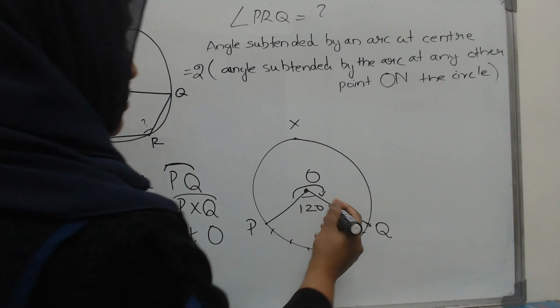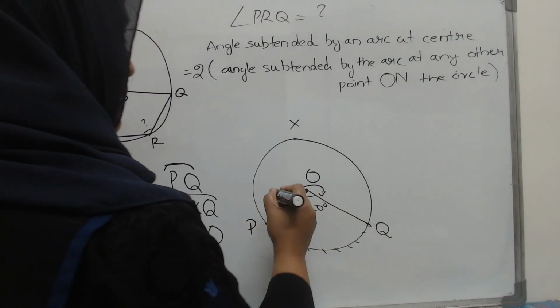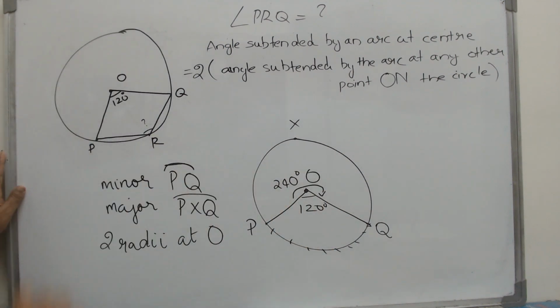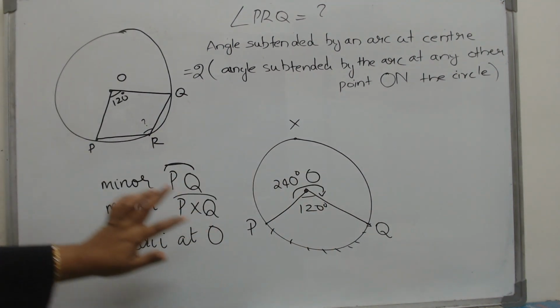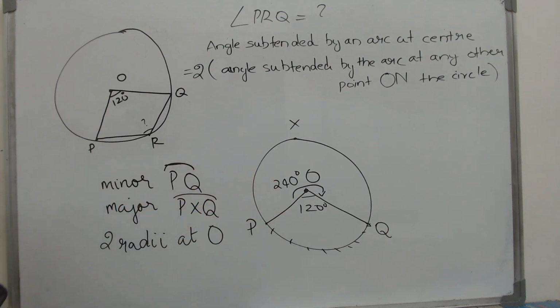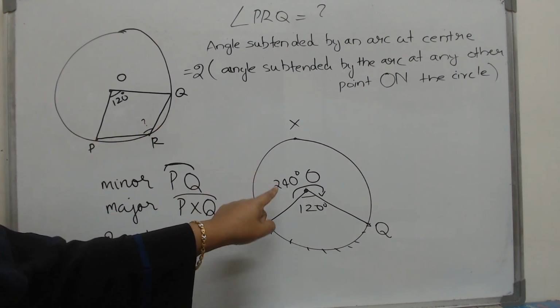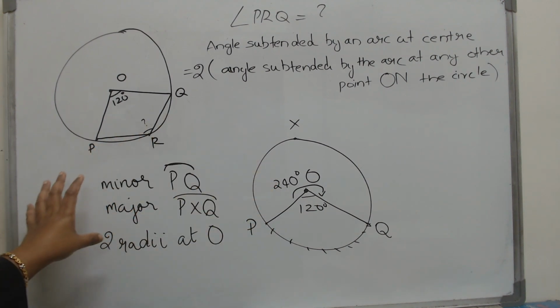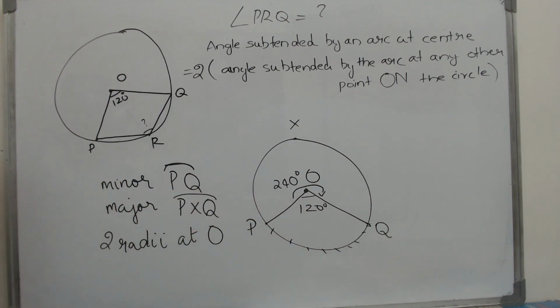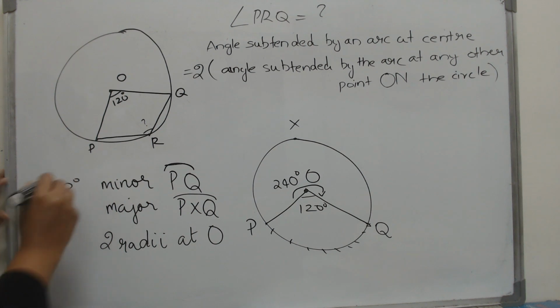So if this is 120 degrees, then this will be 360 degrees minus 120 degrees, which is 240 degrees. So both of them subtend angles at the center. Now comes the question, which arc subtends what angle? The easy way to understand is that the minor arc subtends the smaller angle and the major arc subtends the bigger angle.